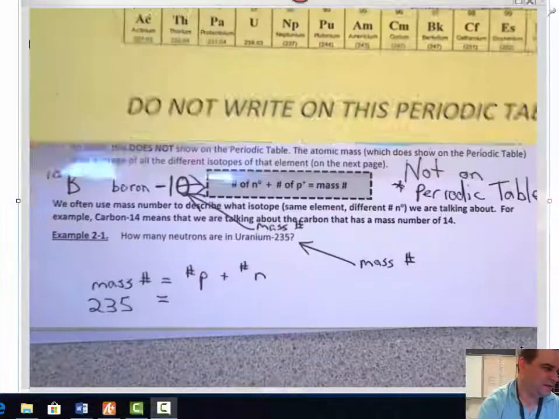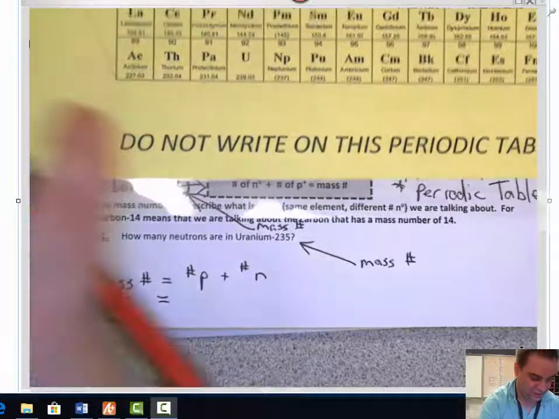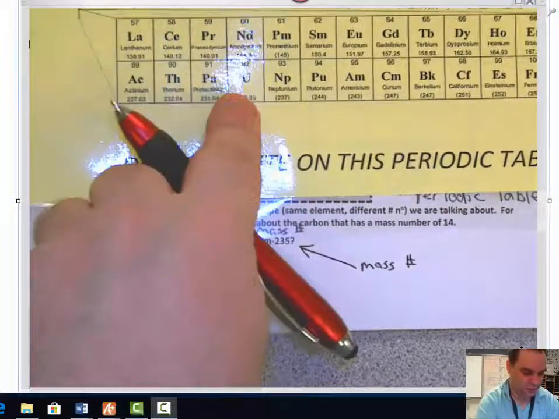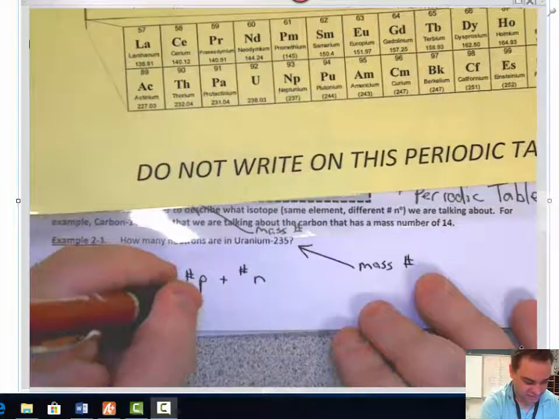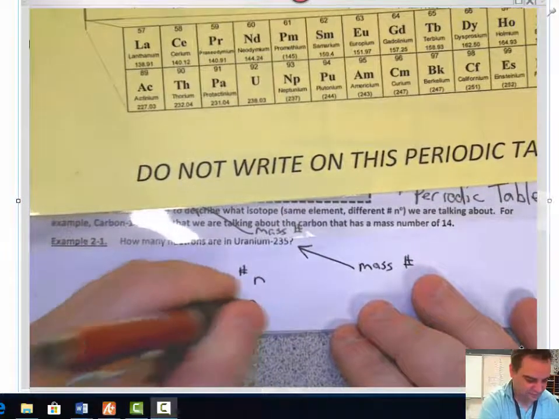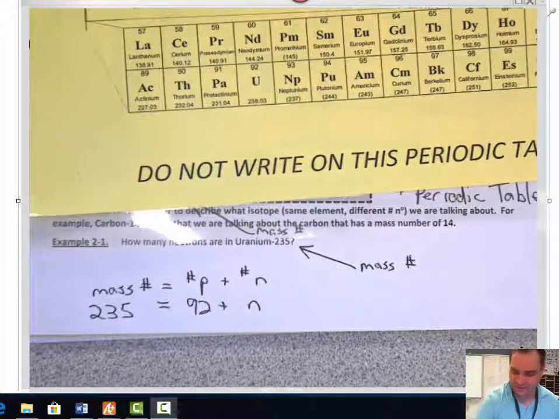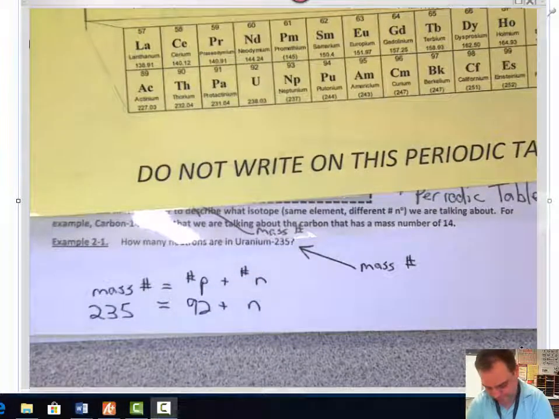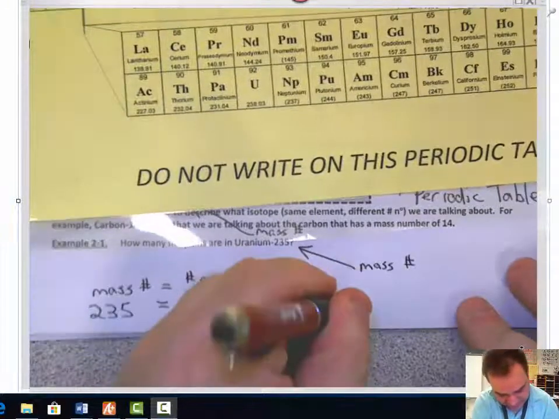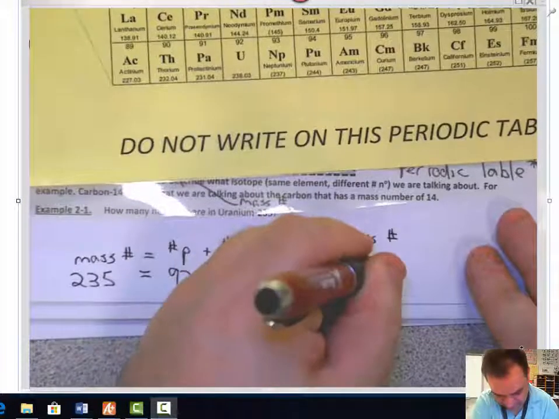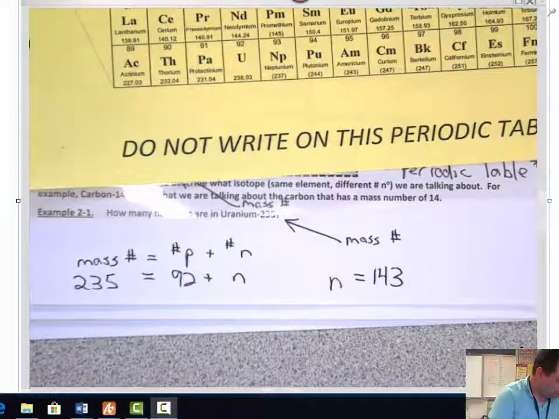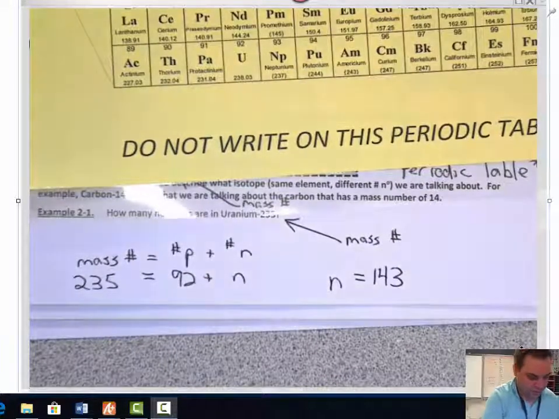I use my handy dandy periodic table because I know it's uranium, and I know the symbol for uranium is U. So the number of protons is 92 plus N. So I do 235 minus 92. I believe that's 143. I'm double checking though. So N is equal to 143. That is how many neutrons are in uranium-235.